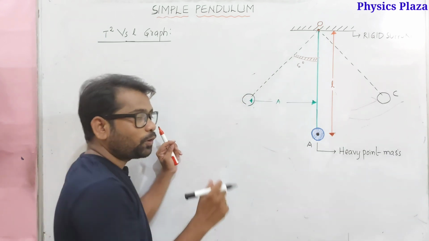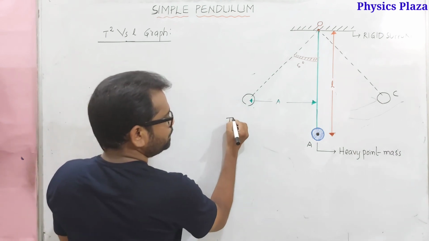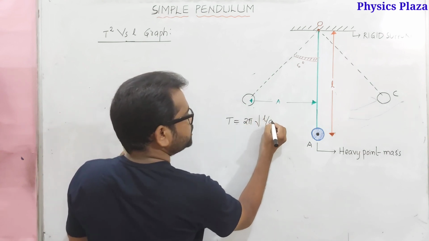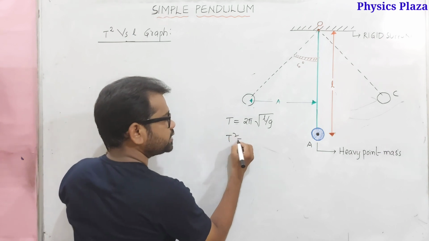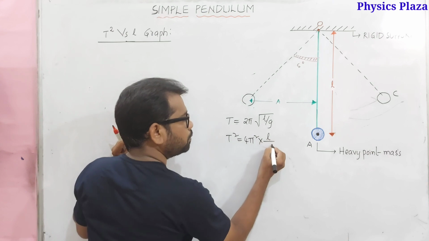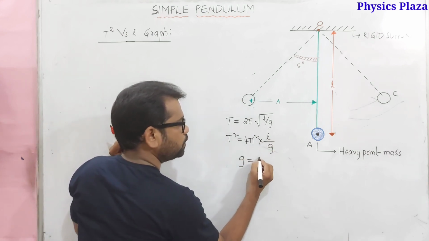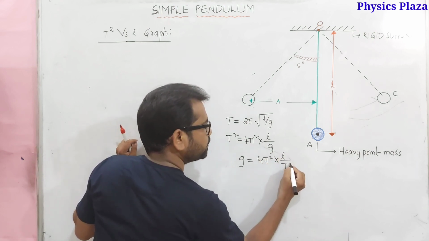Children, once again let us recall the expression to calculate the time period. We know that time period is equal to 2 pi into square root of L by G. Squaring both sides, you will get T square is equal to 4 pi square into L by G. Taking G to this side, G is equal to 4 pi square into L by T square.